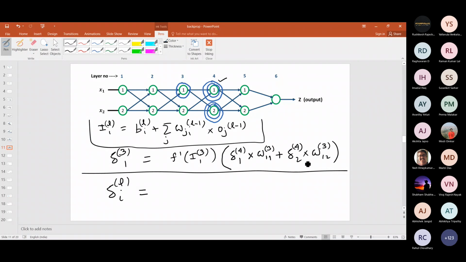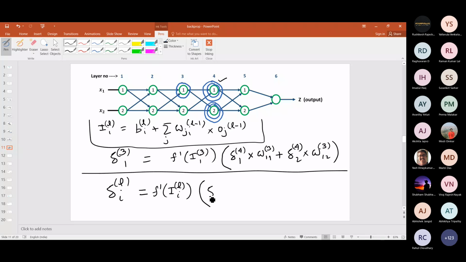You can just look at the previous expression, then tell me, and then I will tell you general things to remember later on. But first of all, I want you to understand how things actually work. So f dash I in layer L into delta of layer L plus 1. Just hold on. I'm not very fast, so please hold on. So this is this. Okay, all right.